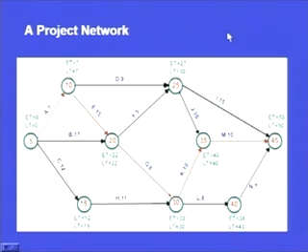Now you can see a very complicated network consisting of an array of different activities with their logical precedence also. So you can see right here activity A, B, C, D, E, F, then we have G, H, I, J, K, L, M, and so many activities in this network, and then we have done all the calculations for these activities.